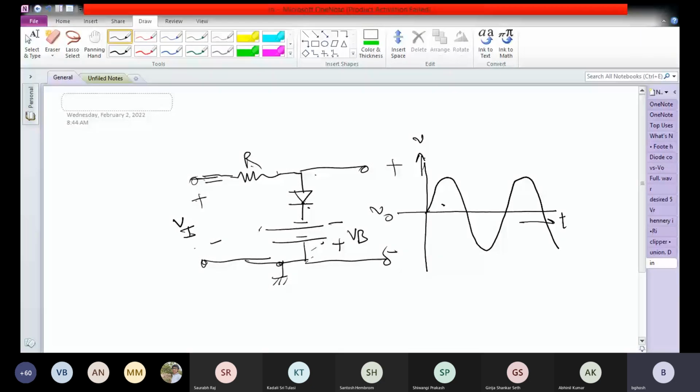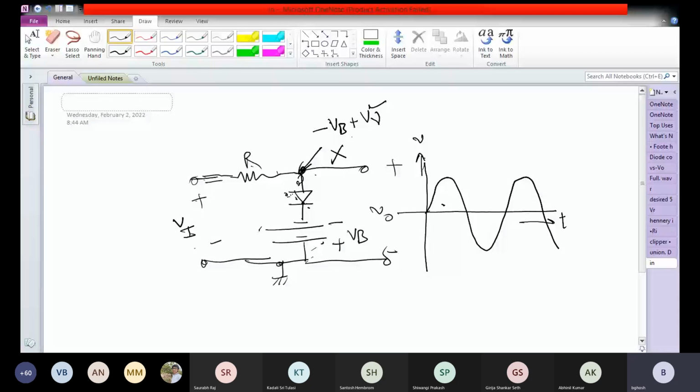So the output voltage here at this point, again the point X, will be minus VB plus V gamma. Now VB is usually much more than V gamma. V gamma is a small voltage, right? 0.7 volt or something like that.